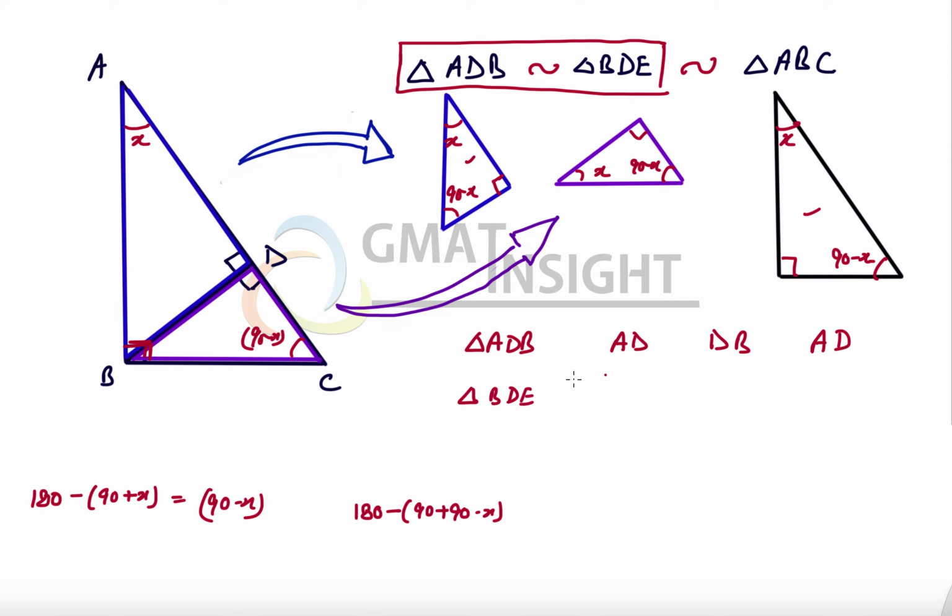Now, let me quickly see which side is corresponding to which side in the other triangle. So, the side AD is the side opposite to which angle? Let's quickly mark the angles here. AD in this triangle is the side opposite to 90 minus x. So, in the other smaller triangle, the side opposite to 90 minus x is BD.